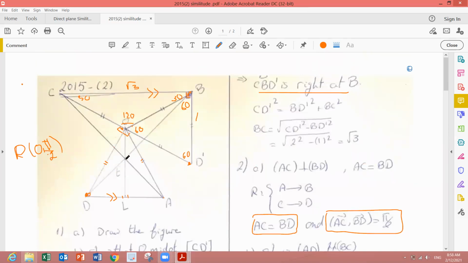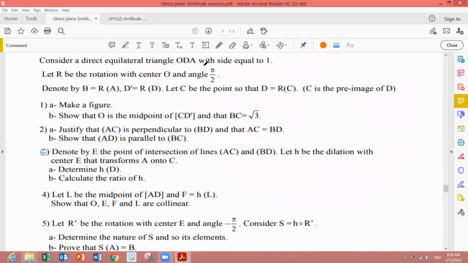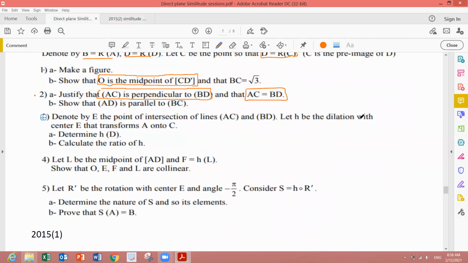This is E. AC and BD intersect at E. Let H be a dilation with center E that transforms A onto C. Determine H of D.